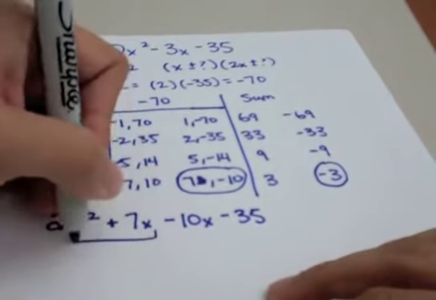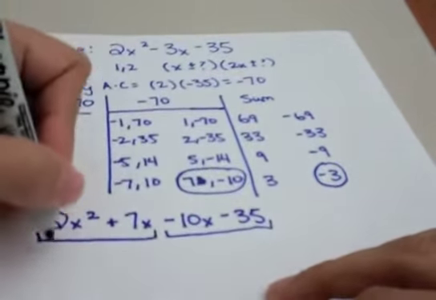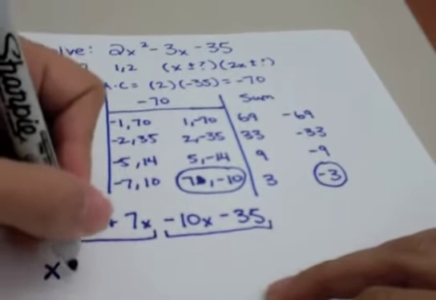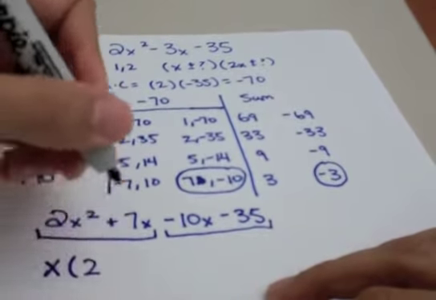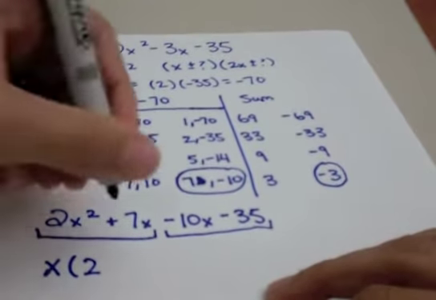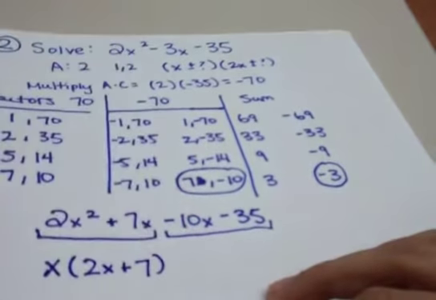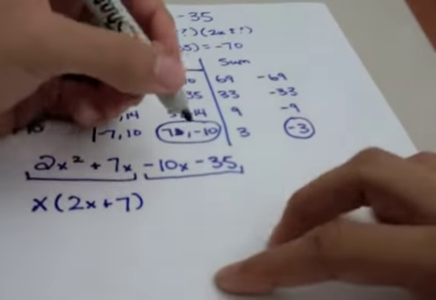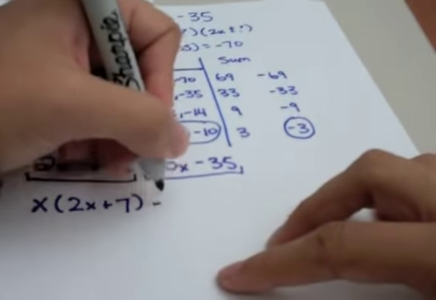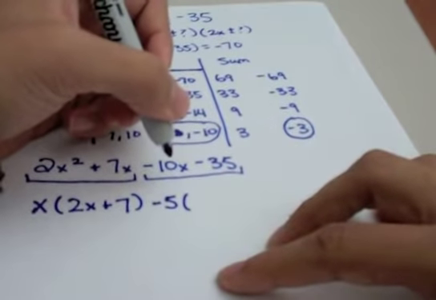Now we're going to break these up into our two groups. Over here I see an x squared and an x, so I can factor out 1x at least. This leaves me with 2x plus 7. And over here I can factor out a negative 5. So what times negative 5?